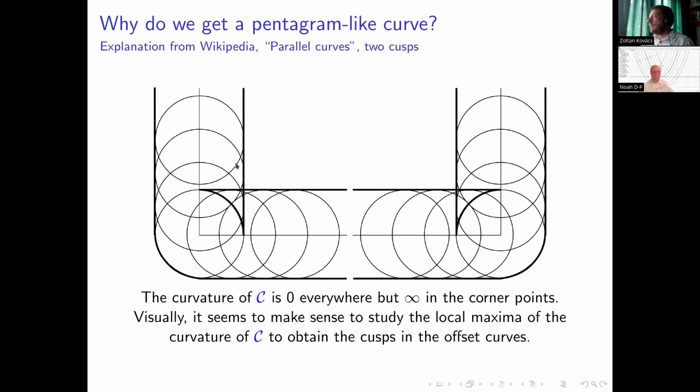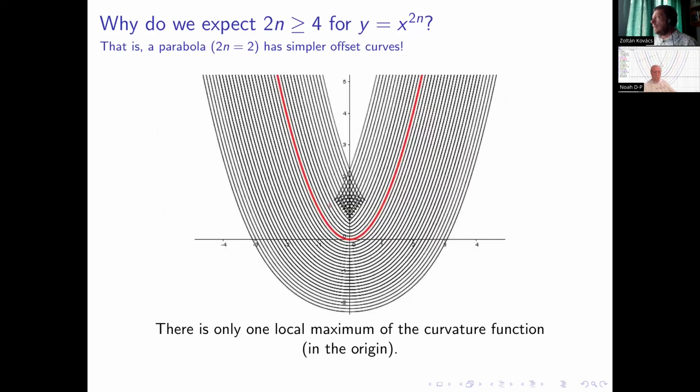You can see what happens if we get this cusp here and this cusp and we put them together, then we actually get the Estrella Solitaria like pentagram curve. So if you put these two cusps together. Well, you can ask the question why it doesn't appear for a parabola.